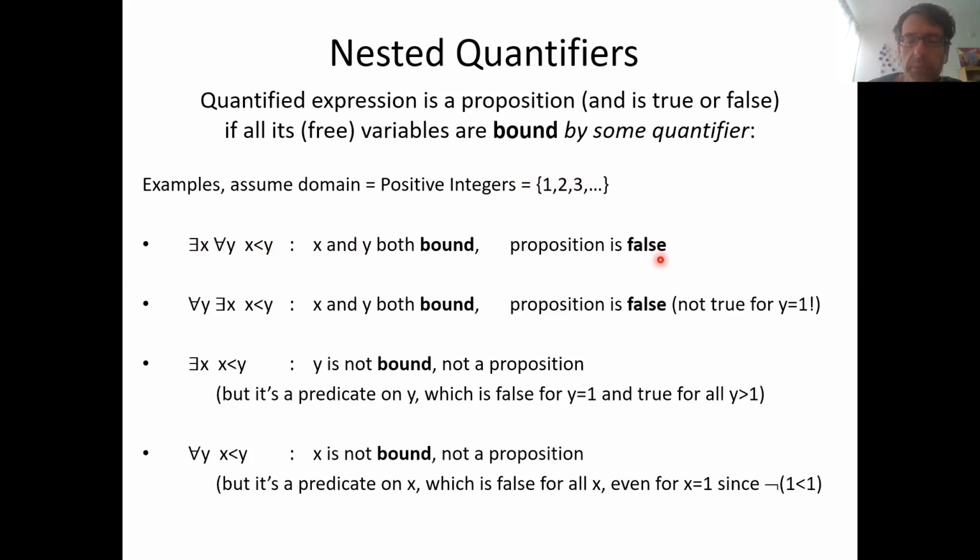And what's the counterexample? For every x, I have to find the counterexample. To show this is false, I have to show that for every x, there exists some y which falsifies this. But it's simple. The counterexample for every x is y equal to x.